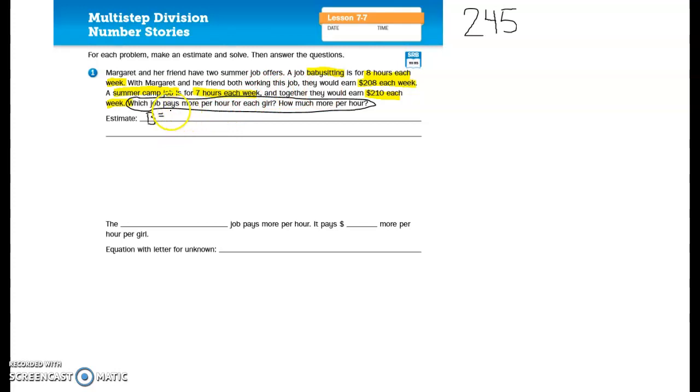I'm going to round that to $200. My handwriting in this is beautiful, I know. And I'm going to divide that by the 2 girls, since that's what they're going to make together. So that's going to get us $100 for each girl for each week.